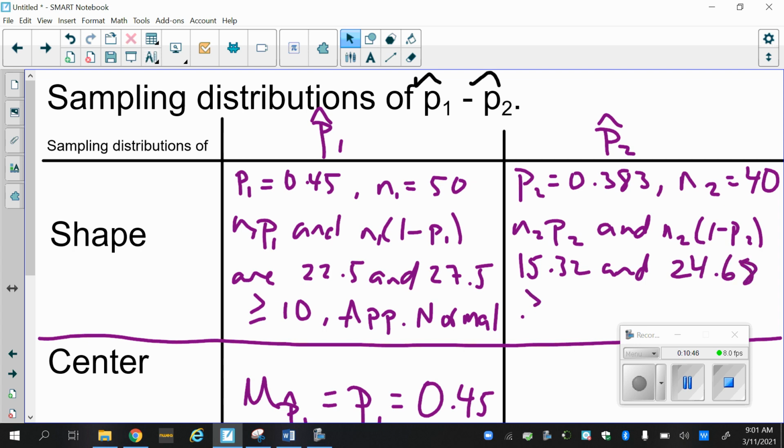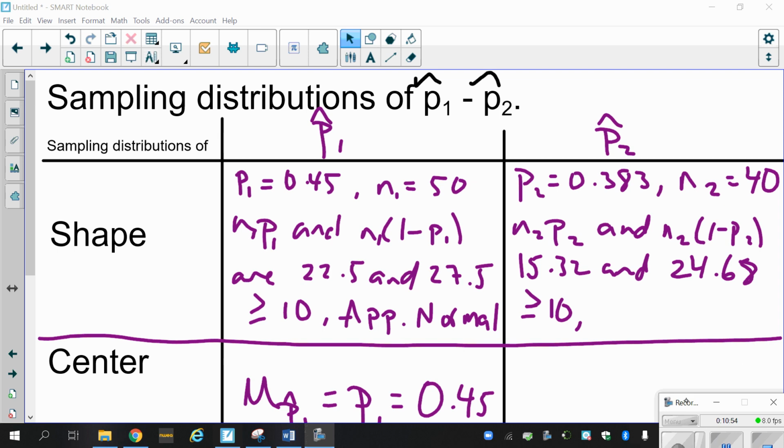Both of these are at least 10, so by the large counts condition, we know that the shape of this sampling distribution will also be approximately normal. Perfect. And that's our hope, because that's how we calculate p-values and things like that, with this shape that is approximately normal.